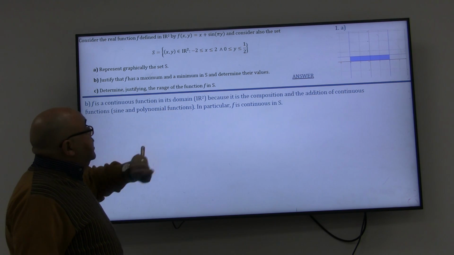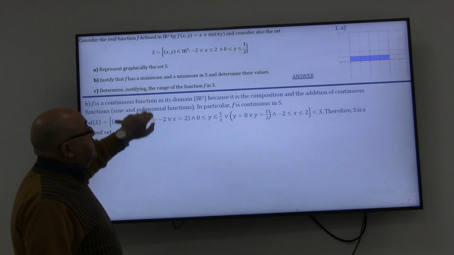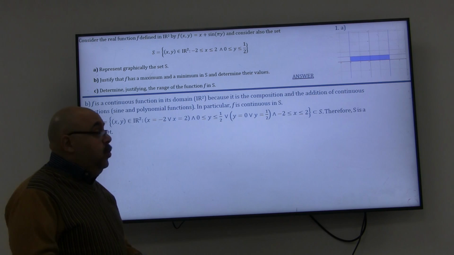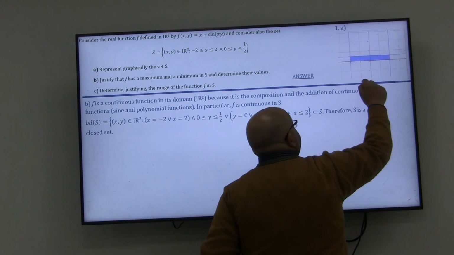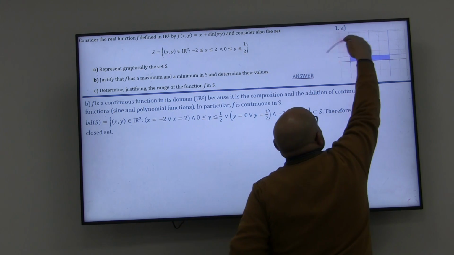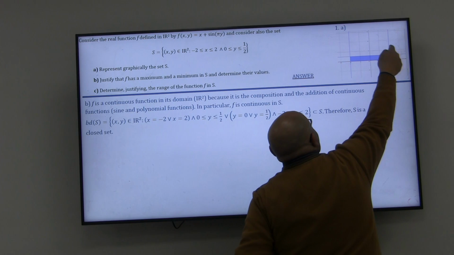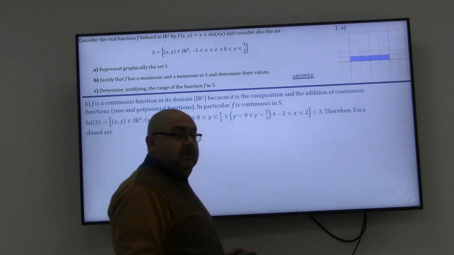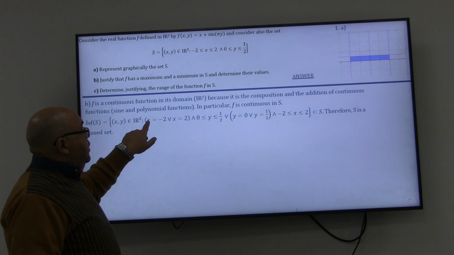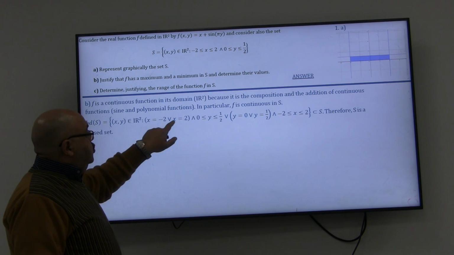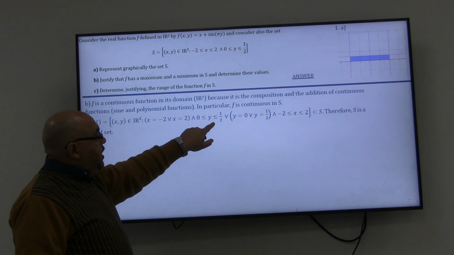Number two, it is a compact set. This set is compact. Why? Number one, it has boundaries, so it is a closed set. Number two, I can draw a ball with a certain R and have all of this inside it. So the first thing is it is bounded, because the boundaries are x equal to -2 or x equal to 2, with y greater than or equal to 0 or less than one half.